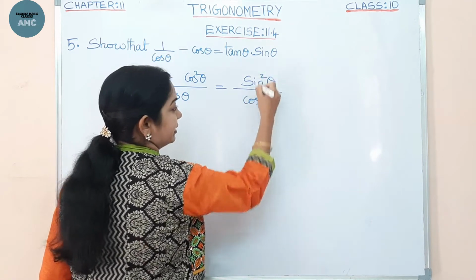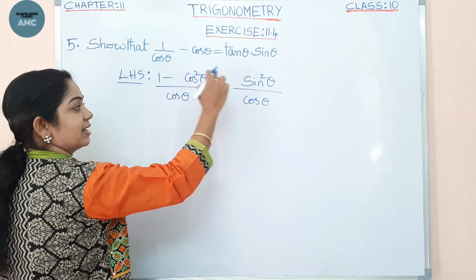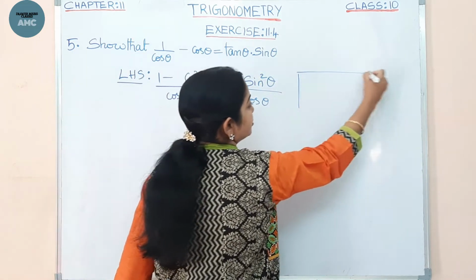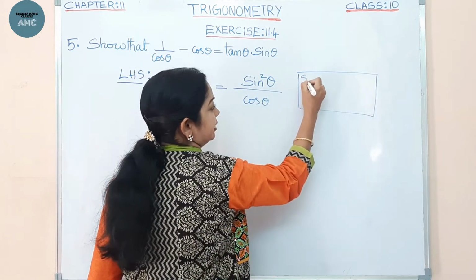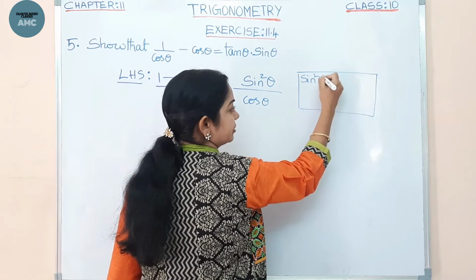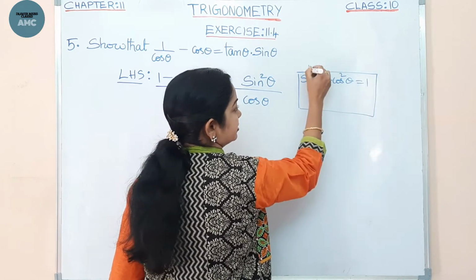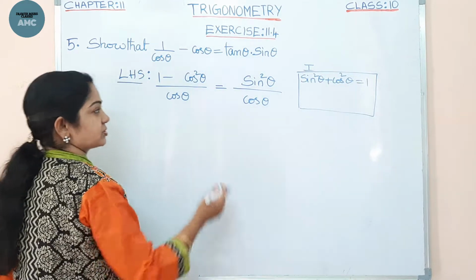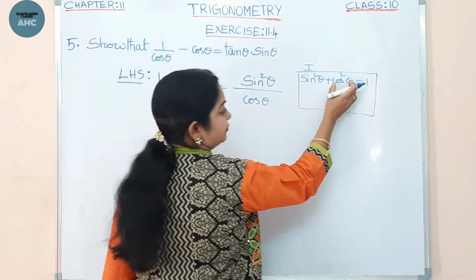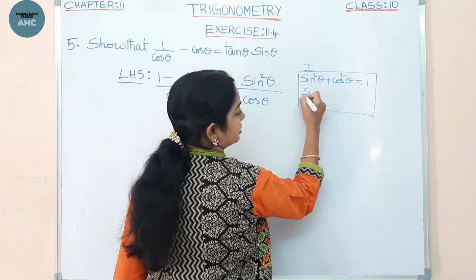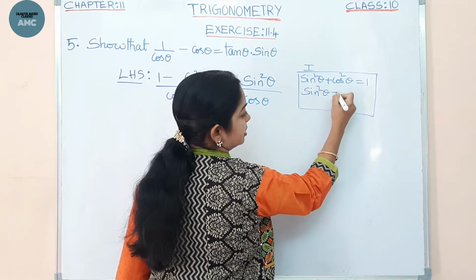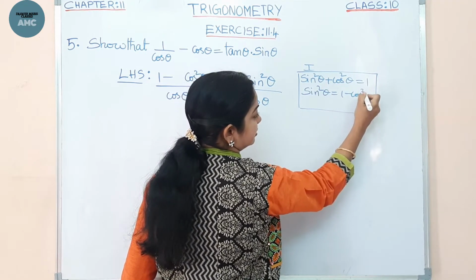Now how did I get this? 1 minus cos square is nothing but we have used the identity. Now wherever cos and sine are involved, just use the first identity, right? Sine square plus cos square. So I want 1 minus cos square. So if cos square is shifted there, it comes to sine square theta is equal to 1 minus cos square theta.